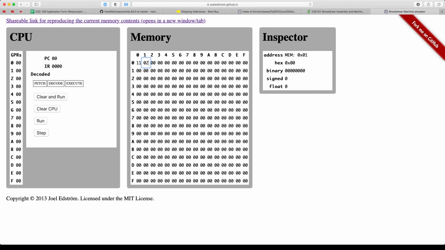Okay, so what I've written here are two instructions, 1102 and 2202. Okay, so what should they do? What does 1102 do? Let's go back to the sheet for reference.